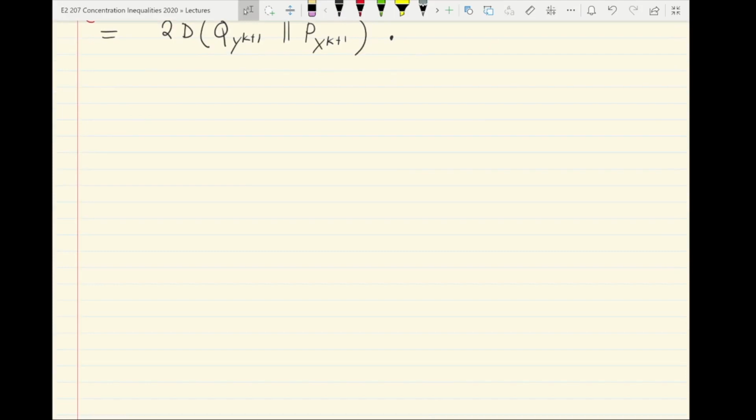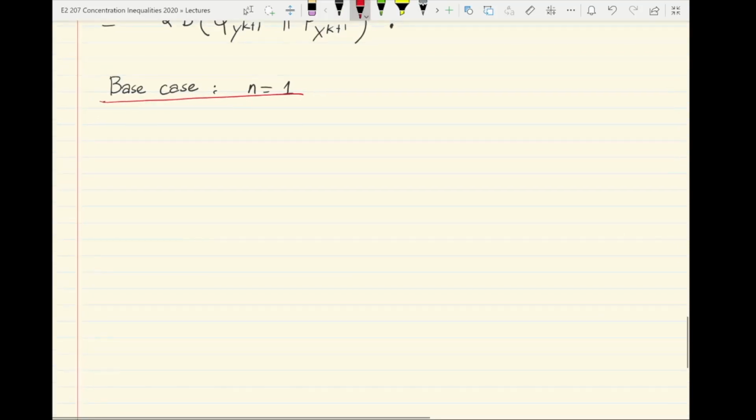It only remains now to show the base case of Marton's conditional transportation cost inequality, which is n equal to 1. So we just have to show the inequality holding for the n equal to 1 case. For this, let us introduce some new notation.